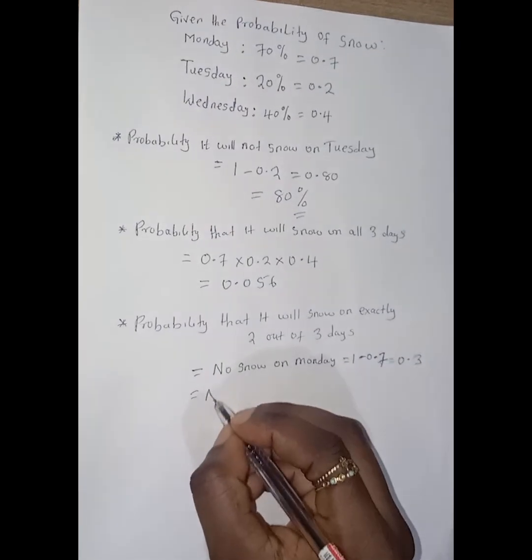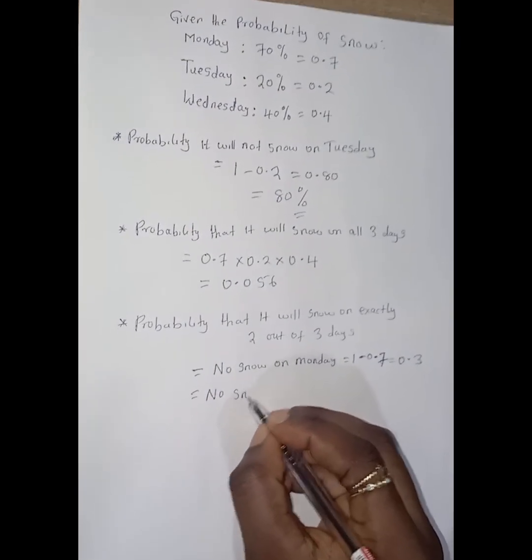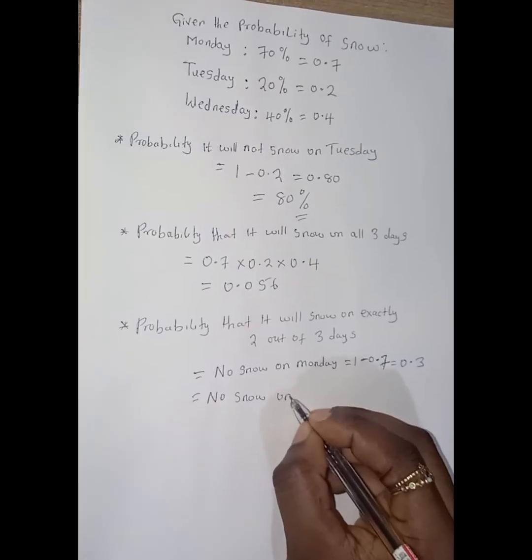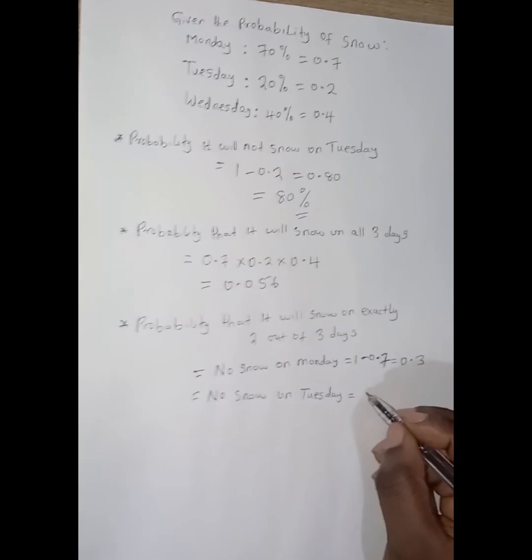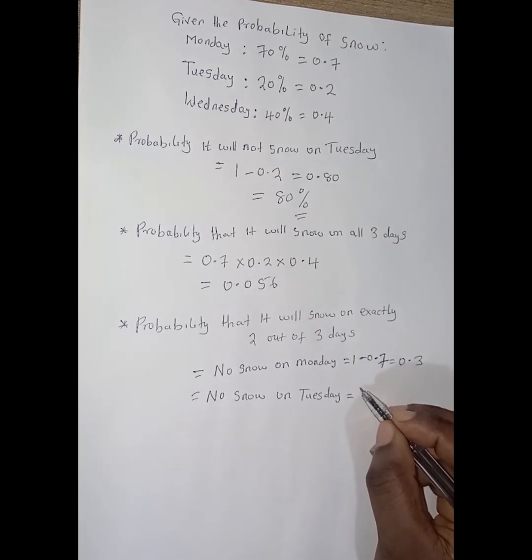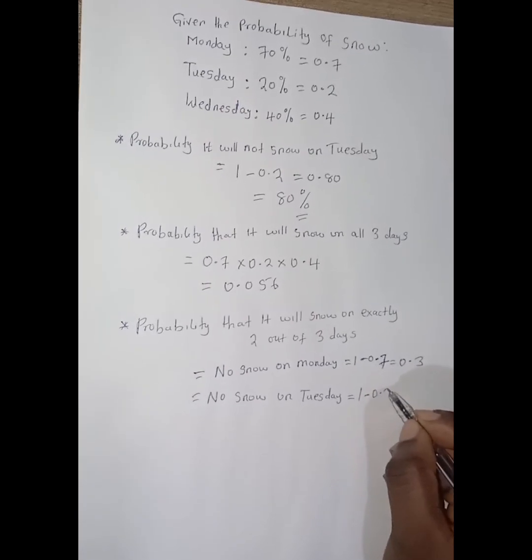The probability that it will not snow on Tuesday is 1 minus 0.2, which is 0.8.